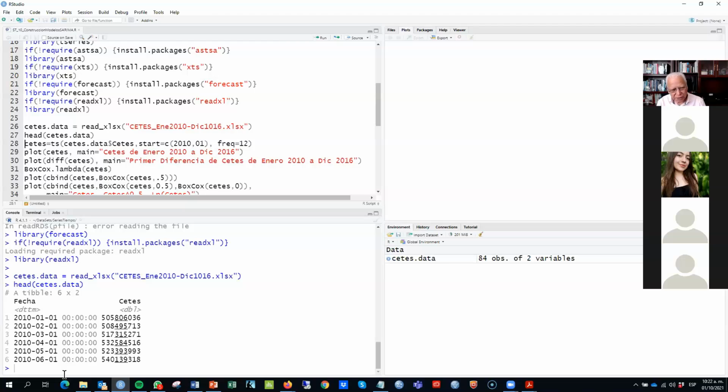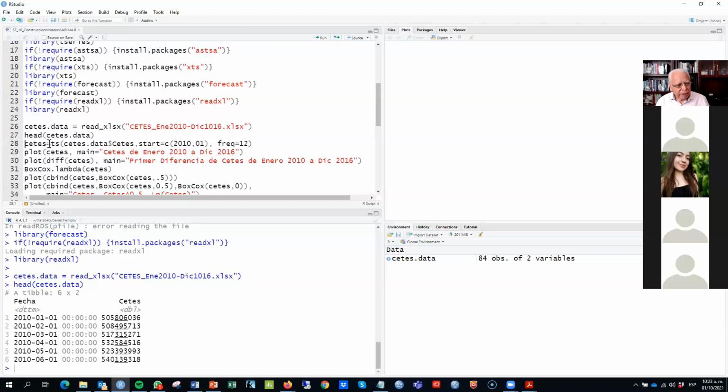Ready, teacher. Okay. So as you can see, the CETES data has the date, which appears as the first day of each month, and then the value of CETES. Now, let's make it first a time series.